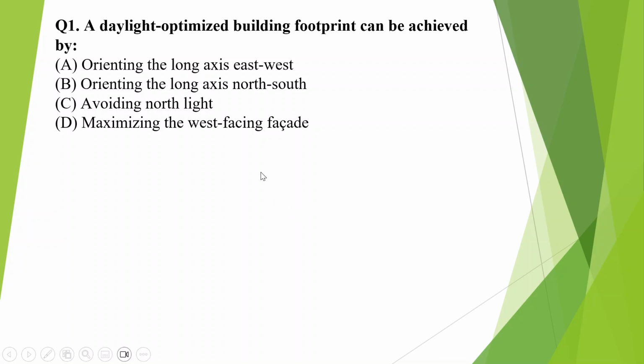The first question is from lecture 4, which is asking you about how a daylight optimized building footprint can be achieved. So how can you achieve a daylight optimized building footprint? Good question. Let me see the opinion of all. It will take time, but you all will be giving the correct answer at the end, I hope.